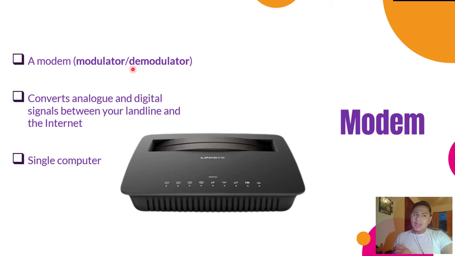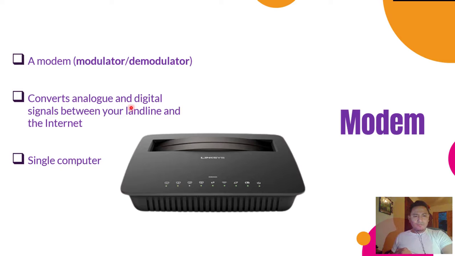We're going to be looking at ISPs shortly. What is the function of the modem? The sole purpose of the modem is to convert analog and digital signals between your landline and the internet.